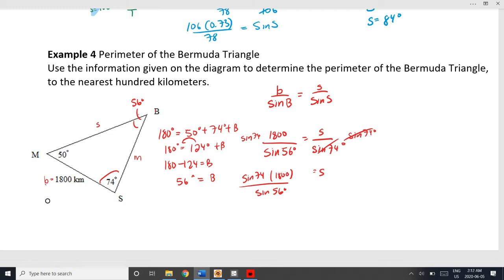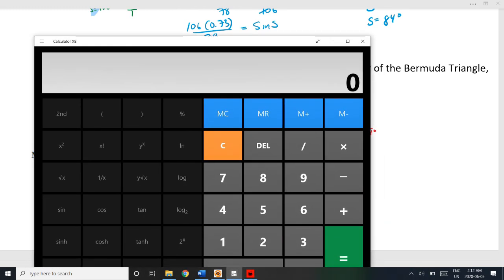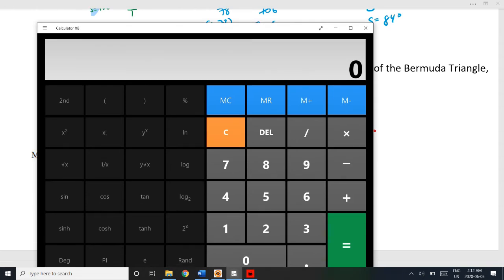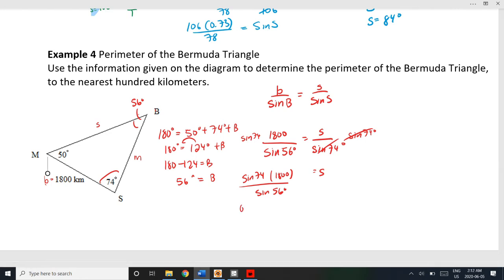So let's figure out what these numbers are in our calculator over here. So let's pull that up. Let's find out what sine 74 is. So sine 74 is equal to 0.96. So this is 0.96 times 1800, and then we just have to find out what sine of 56 is.